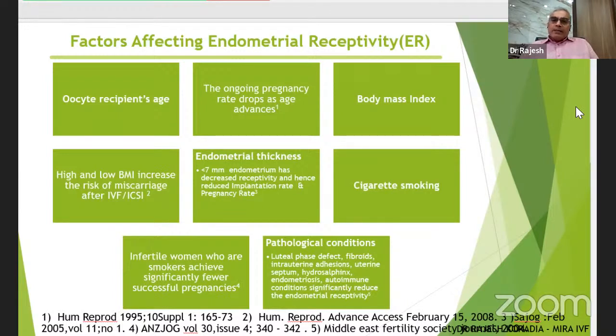Endometrial thickness: an endometrium of less than 7 millimeters has decreased receptivity and hence reduced implantation rate and pregnancy rate. Cigarette smoking: infertile women who smoke achieve significantly fewer successful pregnancies. And pathological conditions like luteal phase defect, fibroid, intrauterine adhesions, uterine septum, hydrosalpinx, endometriosis, and autoimmune conditions significantly reduce endometrial receptivity.